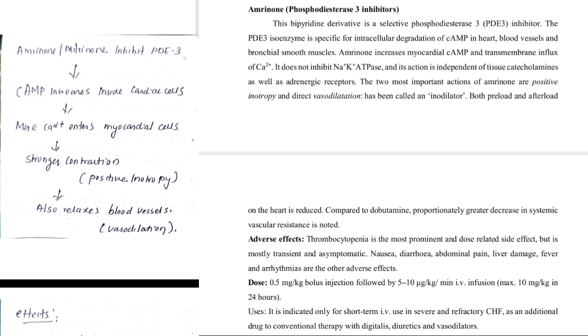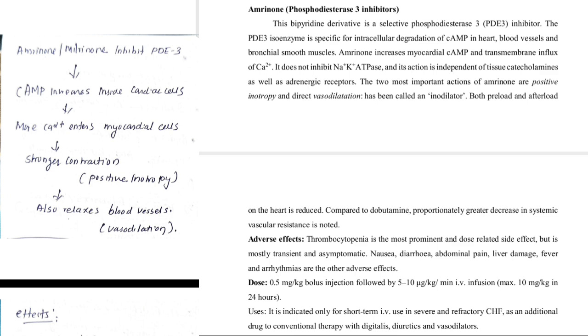At the same time it relaxes the blood vessels. That's the second activity, that is vasodilation. This is the mechanism of action of Amrinone as well as Milrinone. Okay, first, it will inhibit PDE3.